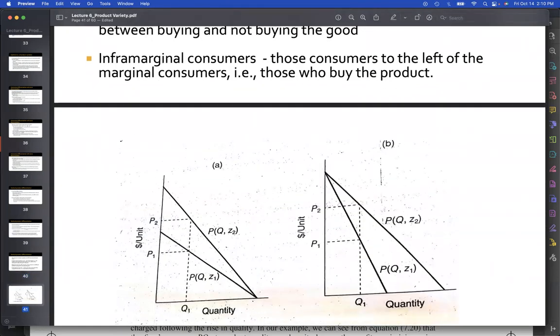Based on the discussion, here's Q1, and there are two kinds of demand, but we start here with Z1, and at Q1 the price is P1. These people all buy because their willingness to pay, which is a function of Z and of their willingness to pay for quality, is satisfied.